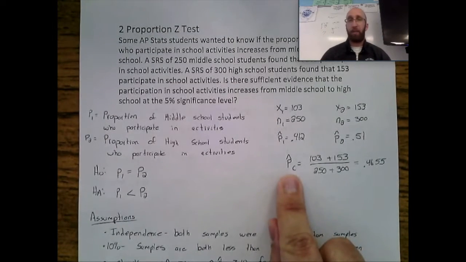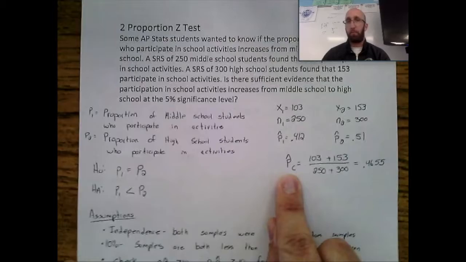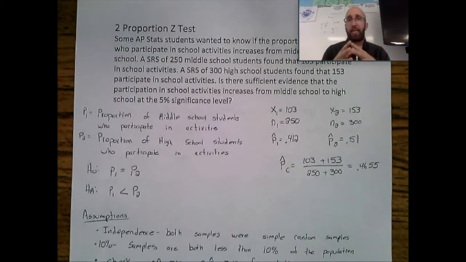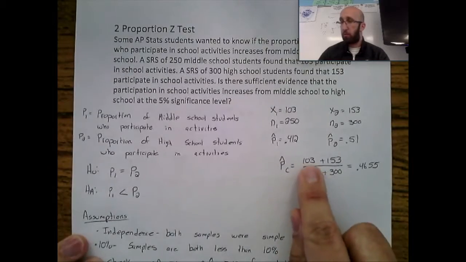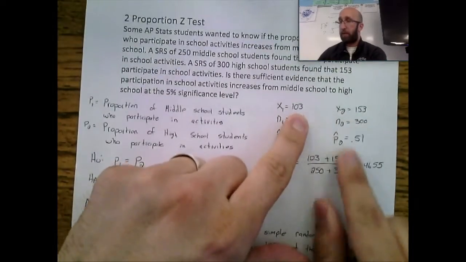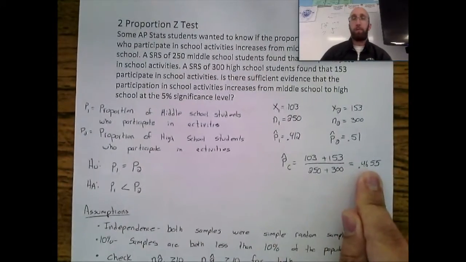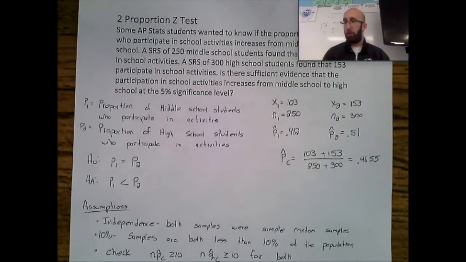I'm going to combine them. This is where p hat c comes from. I took 103 plus 153 and divided by 250 plus 300. I get my new p hat c, a combined proportion of 0.4655.